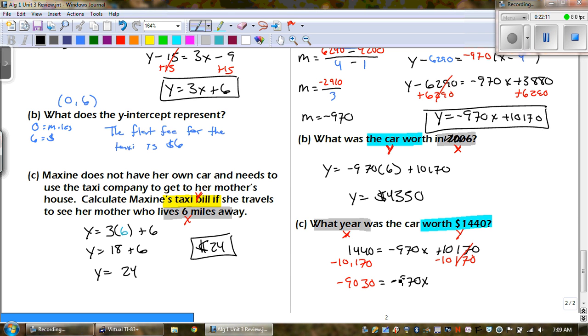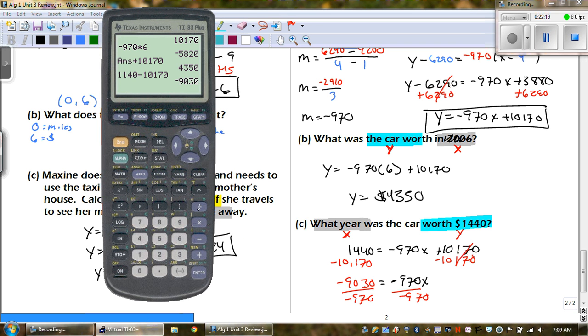Okay, and don't forget about your negatives. You have to divide by negative 970. And we get, oh, Mr. Grice made a mistake somewhere. Oh, that's because I put 1140 instead of 1440. My bad. Always got to be very careful.